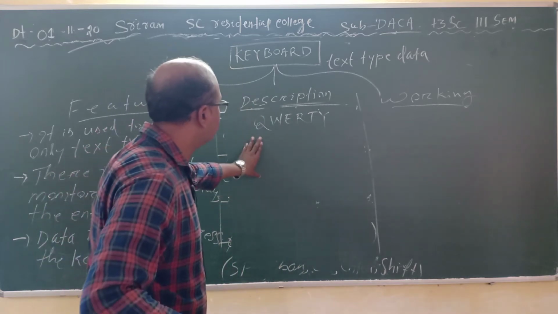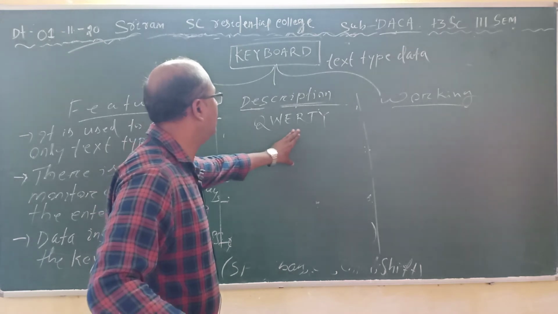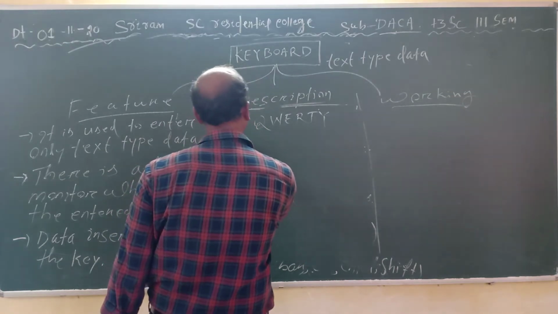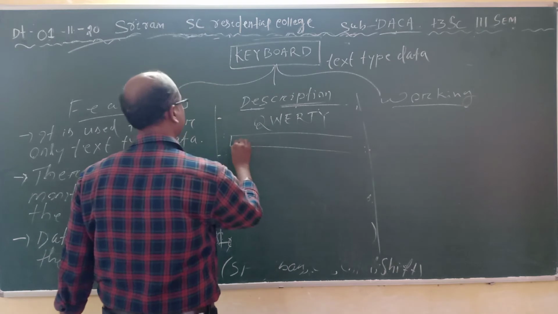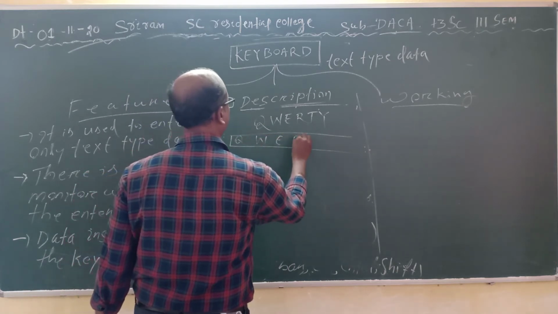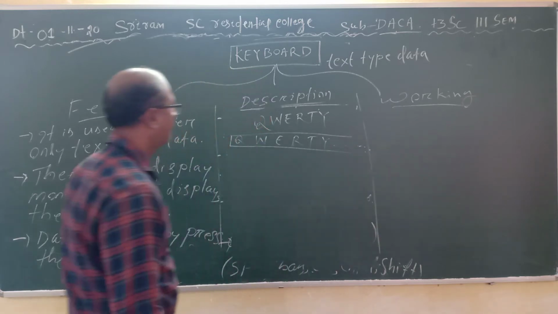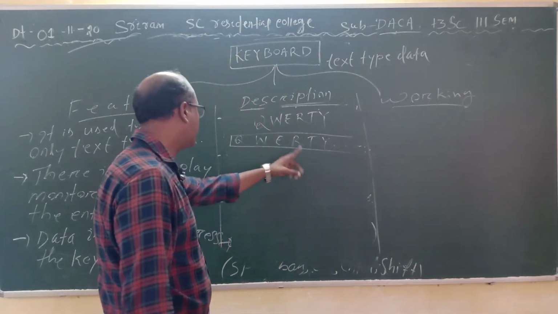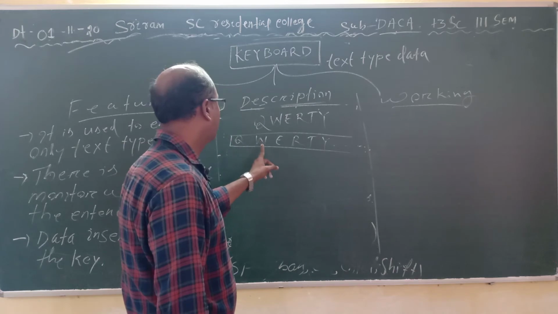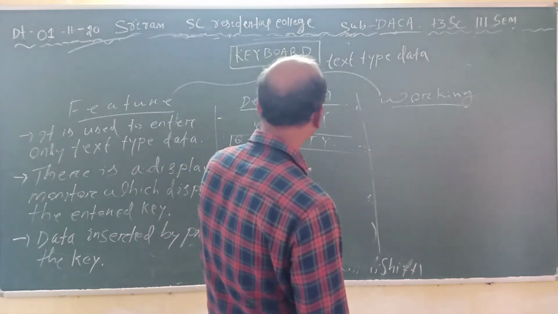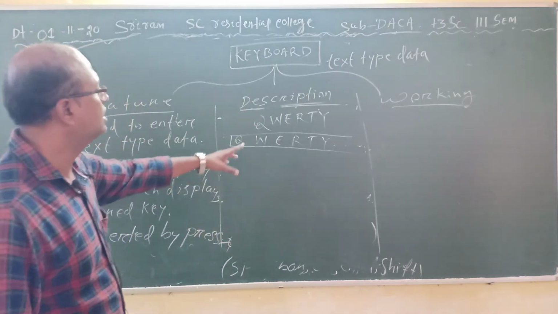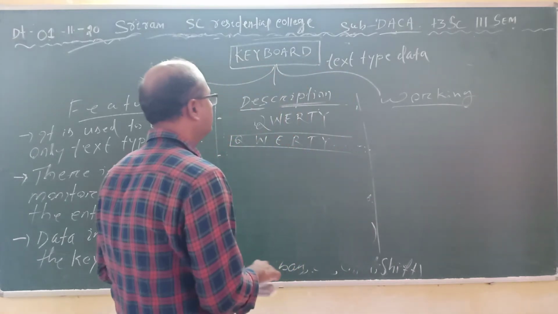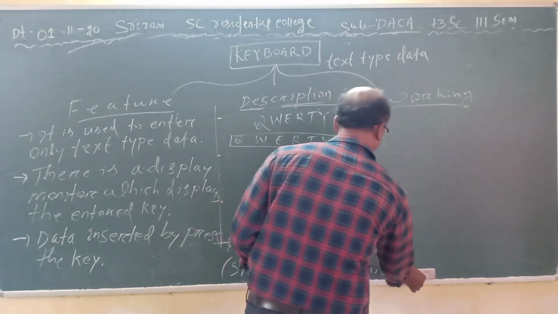Generally the standard keyboard is known as a QWERTY keyboard, because in the typing key section the first line sequence is like this: Q, W, E, R, T, Y. That's why this type of standard keyboard is known as the QWERTY keyboard. Clear?